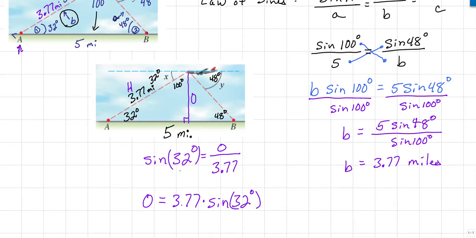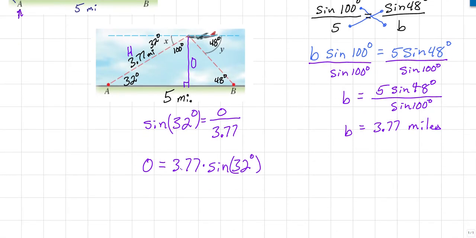Punching that into the calculator, we get 1.9977, which we're going to round to 2 miles, because we're rounding to 2 decimal places.